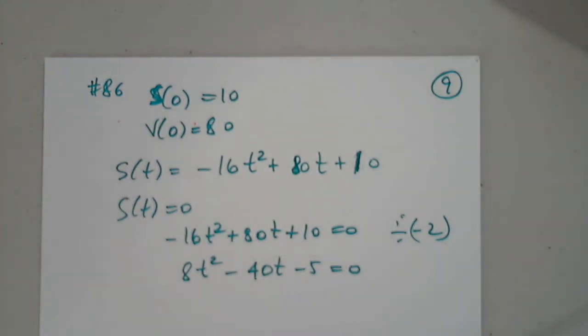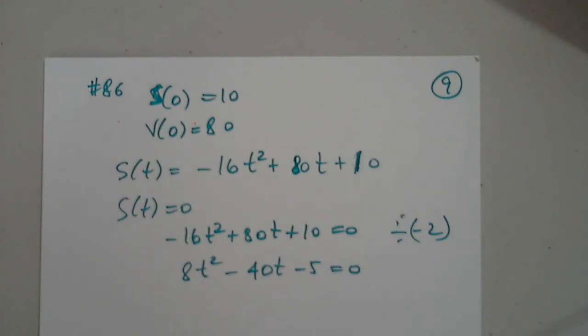So 8, and then negative 40, and then it didn't like it. Why? Okay, that is correct. And I want the last one, negative 5. Please cooperate.